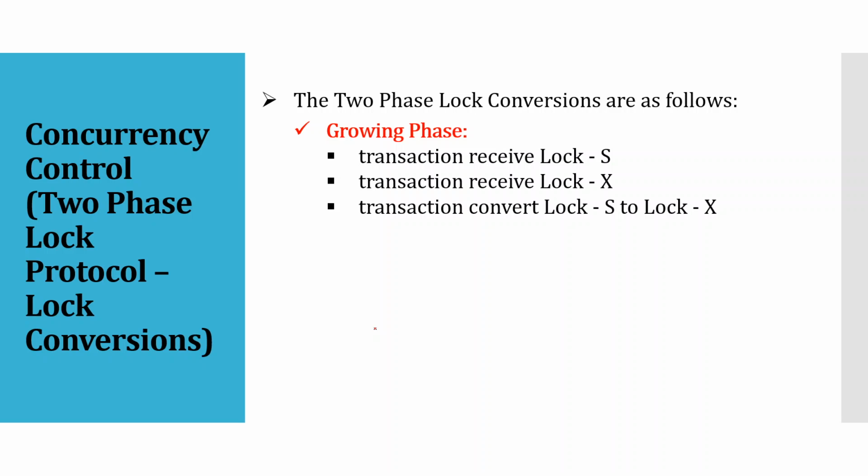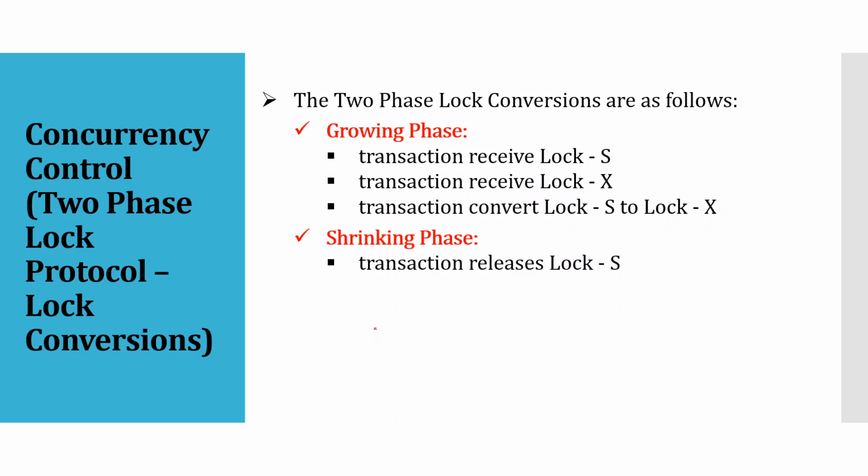You cannot convert X lock to S lock, because X lock already includes reading, so you cannot convert the read and write lock to read lock only. You can convert read lock to read and write lock, but you cannot convert read write lock to read lock, right?